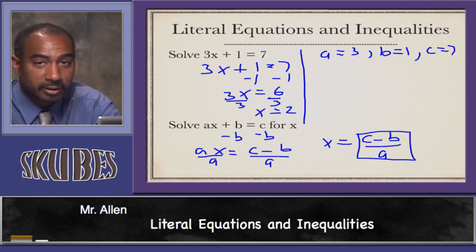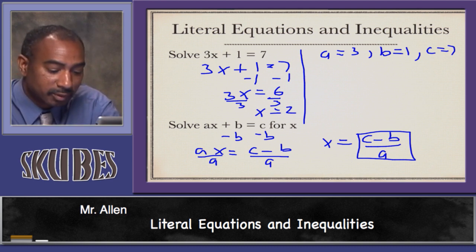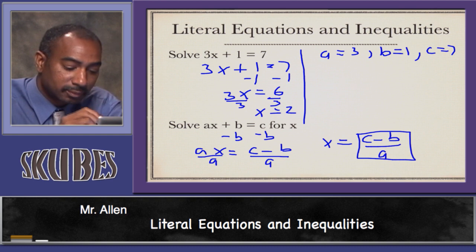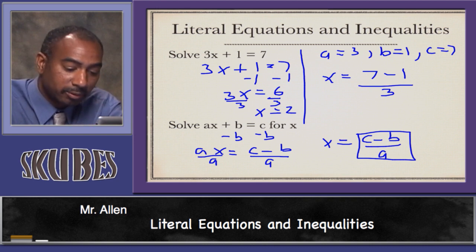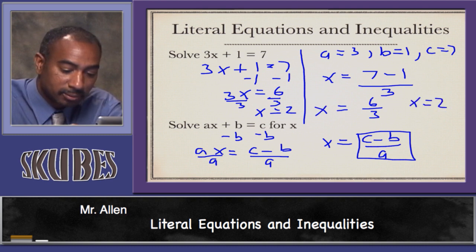And I can evaluate those numbers into this expression to find out the value of x. So I can say c, that's 7, minus b, which is 1, divided by 3. Well, 7 minus 1 we know is 6. And if I divide that by 3, I'll still get x is 2.